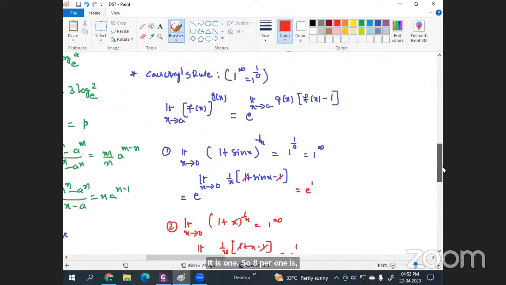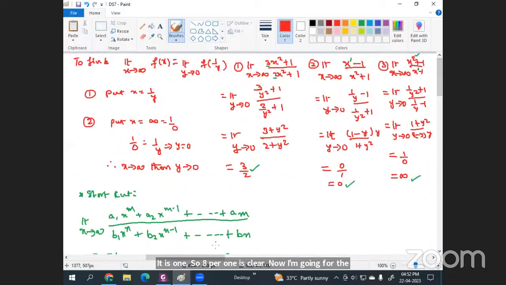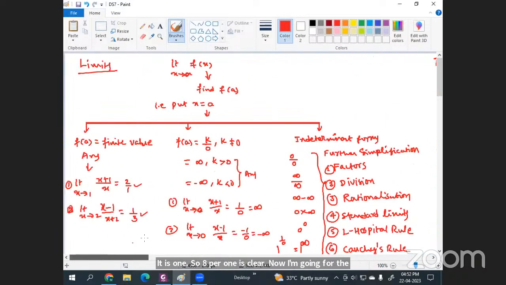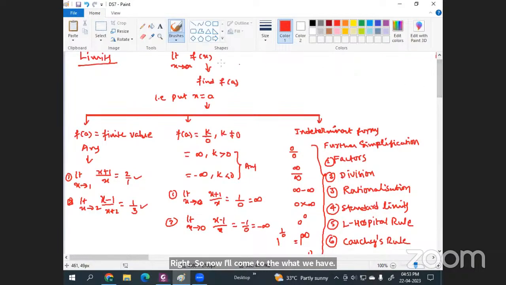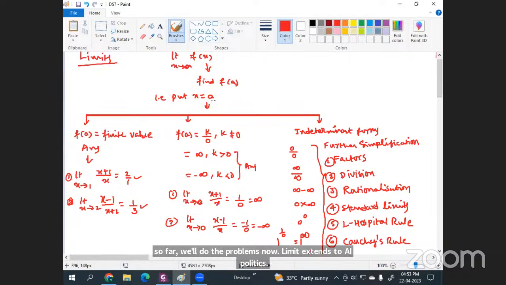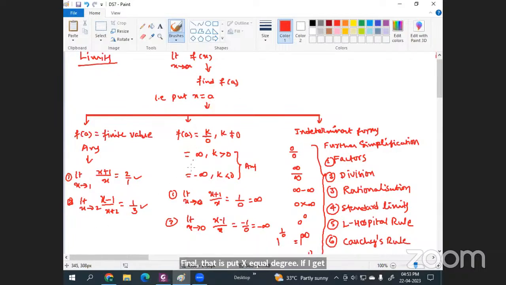Now I am going again from the beginning, to recap what we have learned so far. Limit x tends to a, f of x: find f of a, that is put x equal to a. If we get a finite value, that is our answer. If we get plus or minus infinity, that is also our answer. So x plus 1 by x, 1 by 0, we got infinity. Here we got minus infinity.